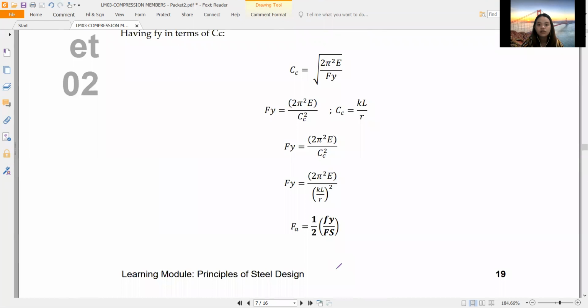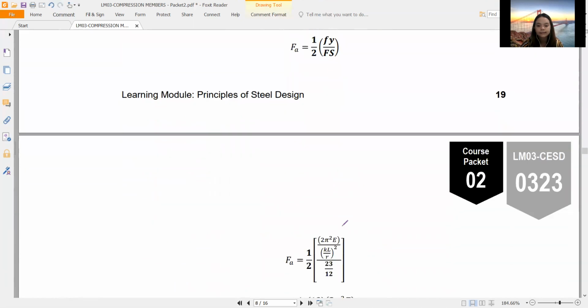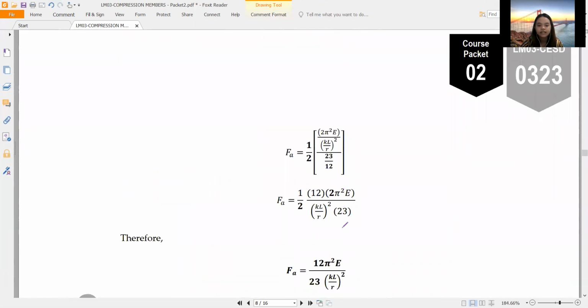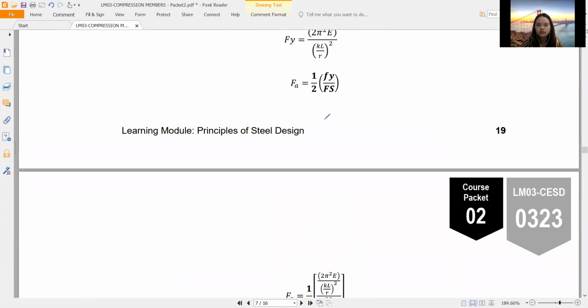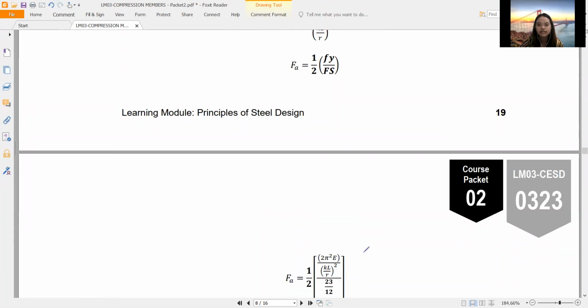And then, from that formula, we can transform the equivalent of the square root of your CC in terms of Fy. So this would be your Fy. And you just substitute into the equation the equivalent of CC.